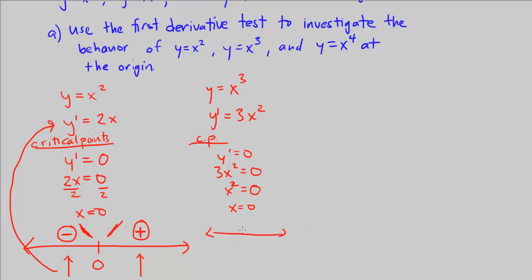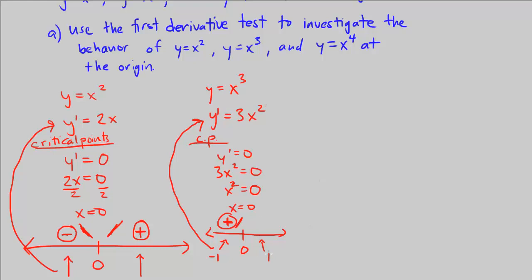Again, we plug our critical point onto the number line, and then plug in points to the left, -1, and to the right, 1, and every other region or interval, plugging them back into y prime. So -1, when we plug it in, -1 squared is positive 1 times 3, makes this positive, which means it's increasing.